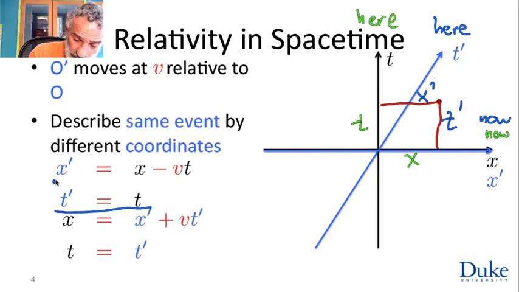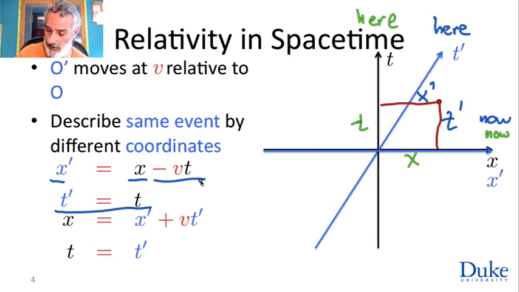The position to the right of the origin at which the moving observer measures the party differs from the distance from the origin that the black stationary observer measures the party to be at by a quantity that is Vt, where Vt is simply the distance over here by which the two origins differ, and it changes as a function of t because over time the blue observer is moving to the right.